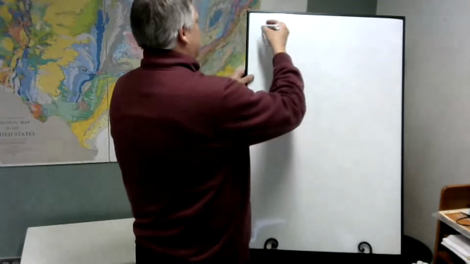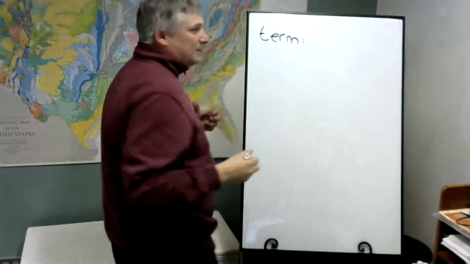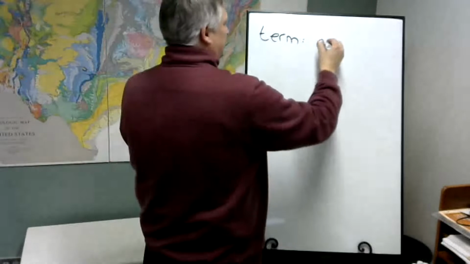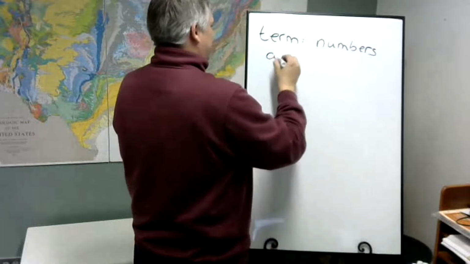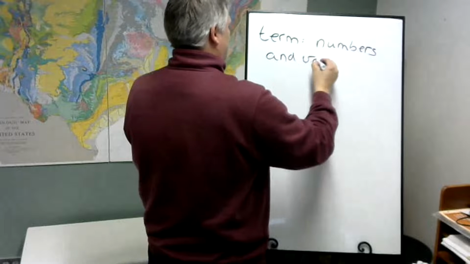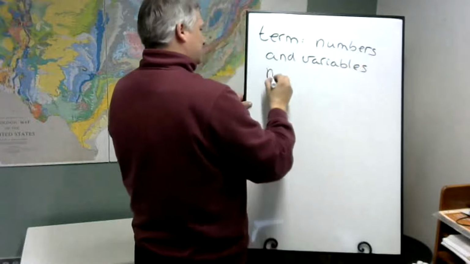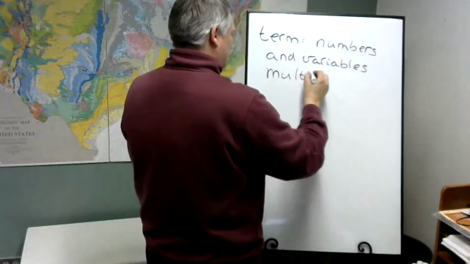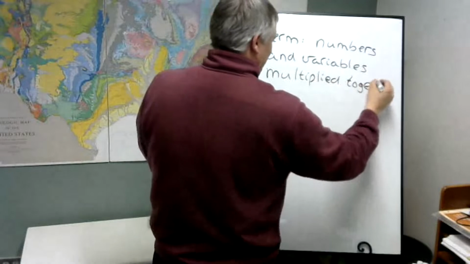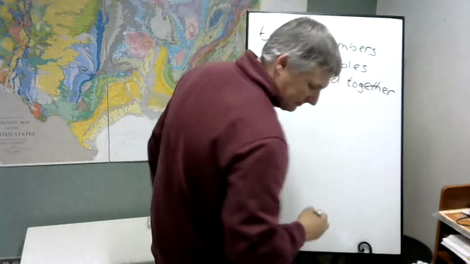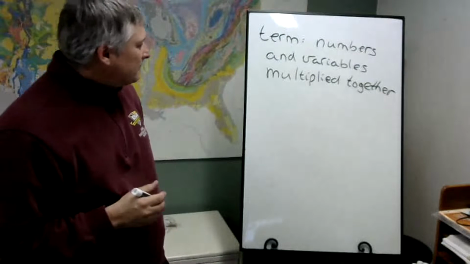So a term is basically numbers and variables multiplied together. Numbers and variables multiplied together.